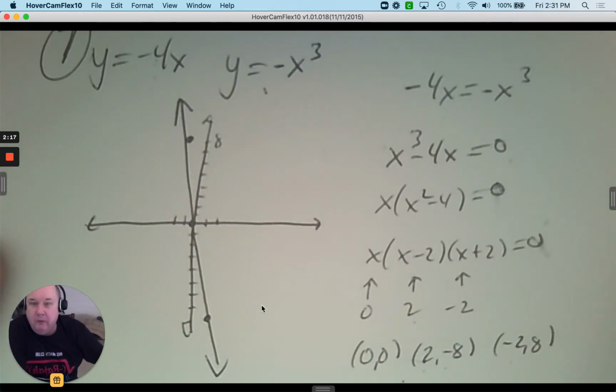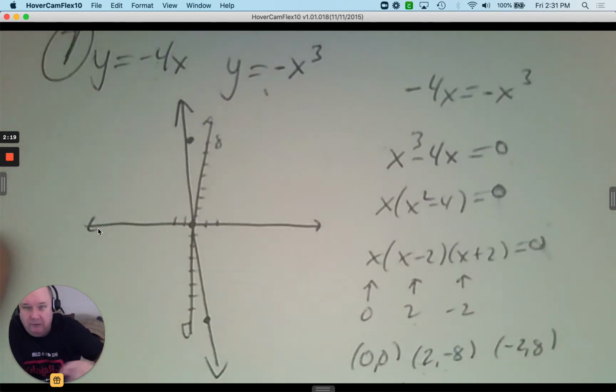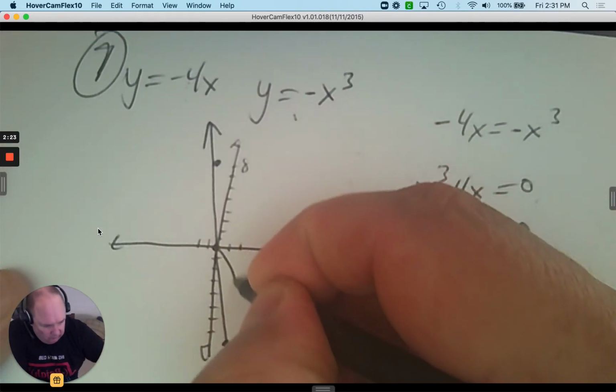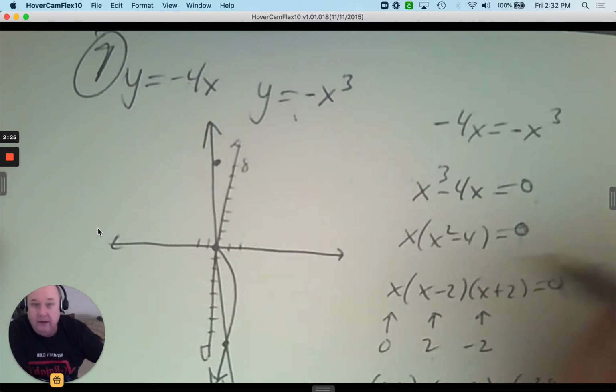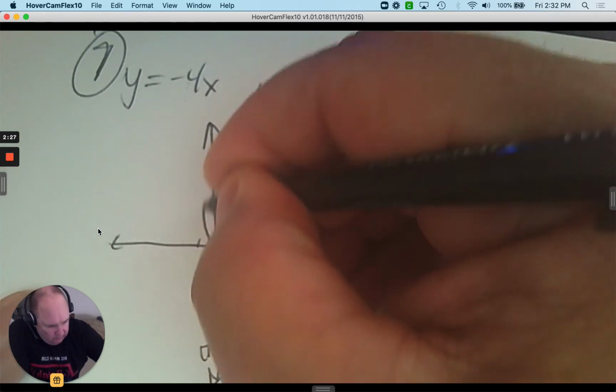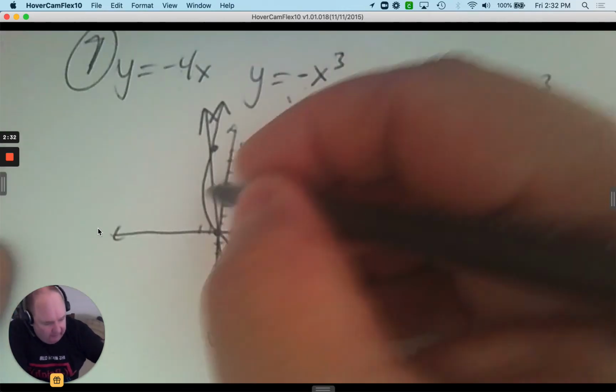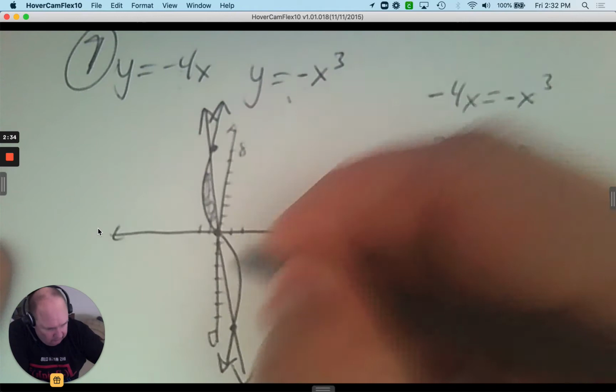Those 3 points together make a line, but it also makes a curve for a cube function. A cube function curves down to the right and curves up to the left because it is negative. And then I have 2 areas I'm going to shade in.